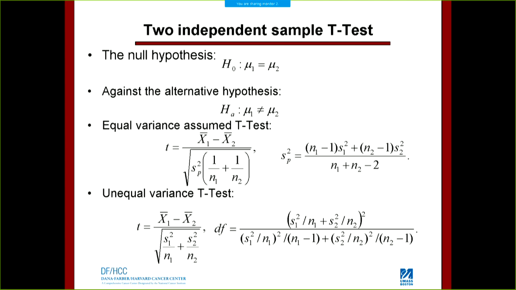We also need to test that using the Levene test. When we run SPSS or SAS, it runs the Levene test for equality of variance first, and then we can choose which t-test to report.